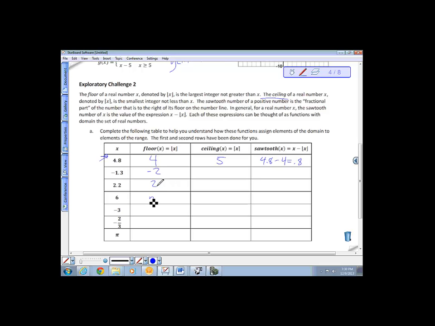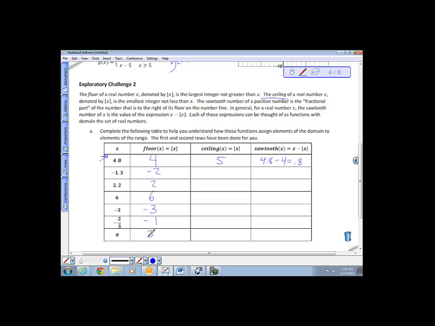We're going to the nearest integer. The floor of negative 3 is negative 3. Now negative 2/3. That one's tricky. Negative 2/3 is negative 0.6 repeating. If you want to think of it as a number, it might be easier for you as a decimal. But negative 0.6 repeating, the closest integer that's smaller than that is negative 1. And of course, for pi, the floor is 3.